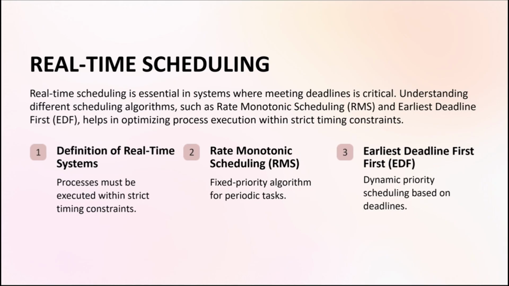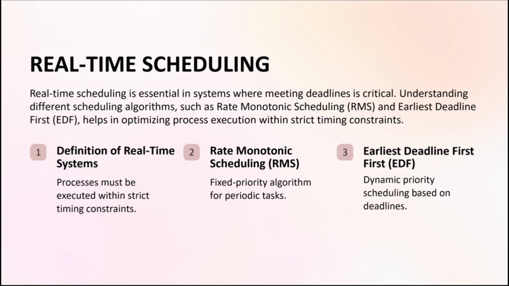Like in an office here in NEITI, we have different departments and different tasks. A task that is supposed to be delivered the next day is not going to be prioritized over a task that is supposed to be delivered at that moment. So that's that for earliest deadline first.